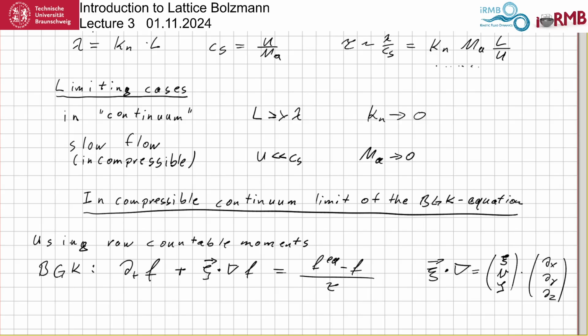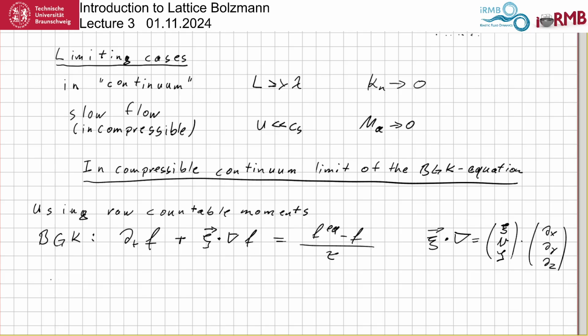So this means we can explicitly write this thing like this: dt f plus xi dx f plus upsilon dy f plus zeta dz f, and I take the right hand side to the left hand side, such that I can write all of this being equal to 0.